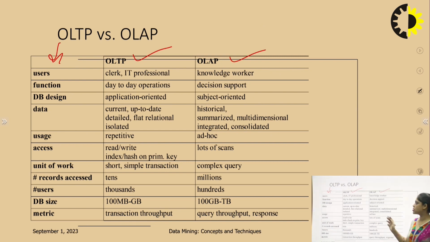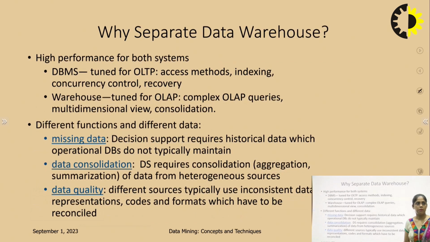So like this, we can see that online transaction processing and online analytical processing are different on the basis of these particular features and characteristics. What separates the data warehouse? High performance is needed for both systems.